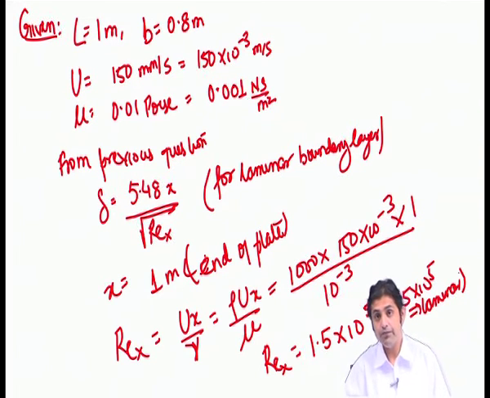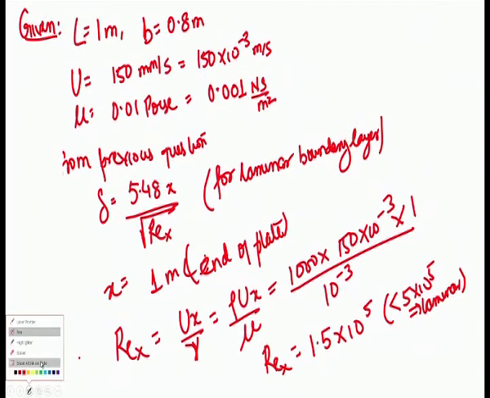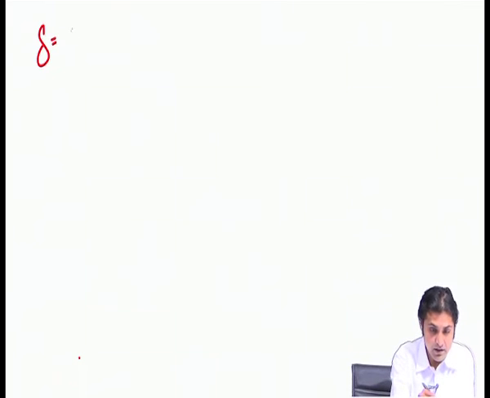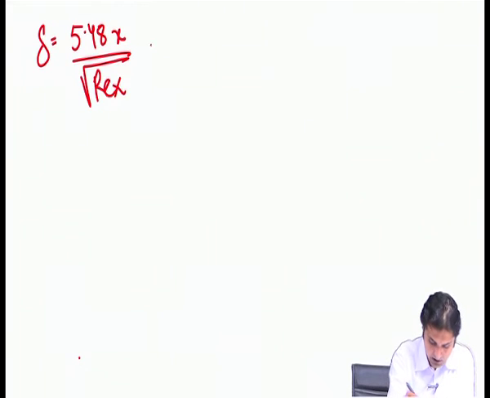Okay, so before proceeding, all right. So delta by formula is 5.48 x divided by under root Re_x.